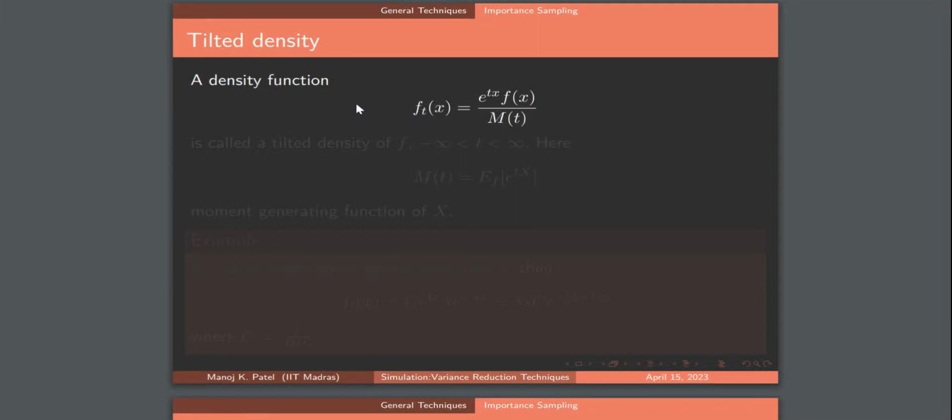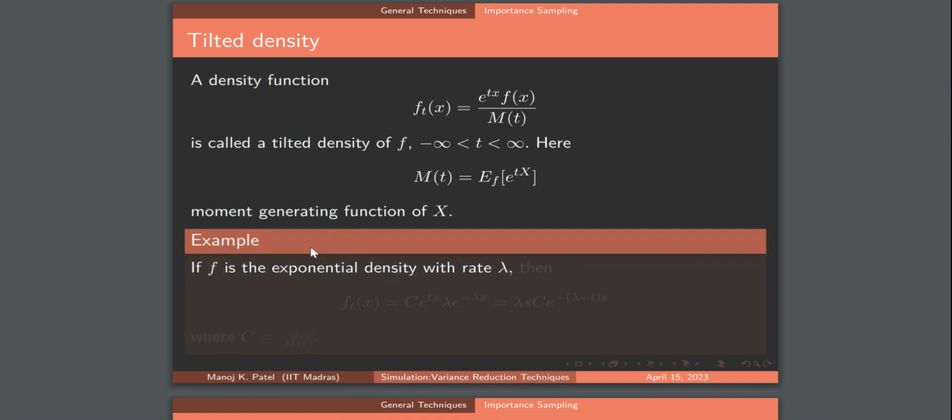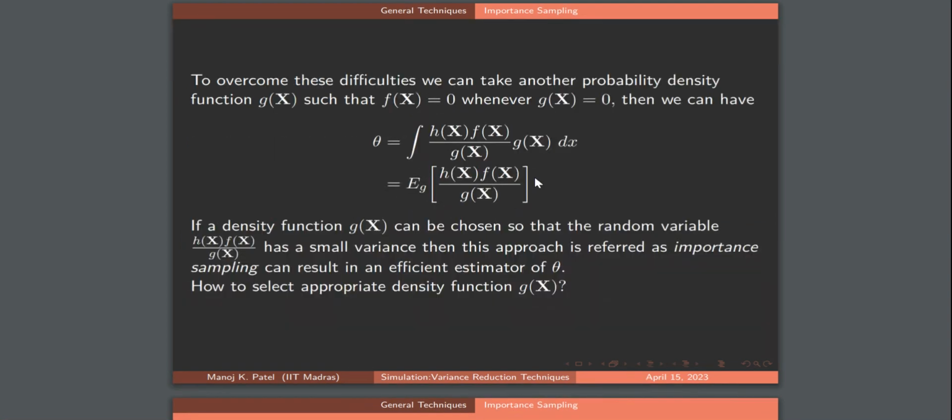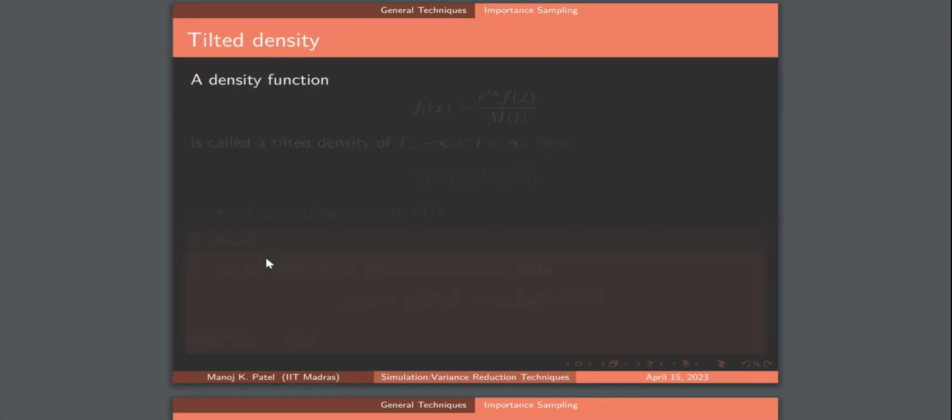How do we select an appropriate density function here? A density function f_t(x) equal to e to the power tx times f(x) upon M(t) is called the tilted density of f, where M(t) is the moment generating function of X. For g(x) we can use this tilted density function.